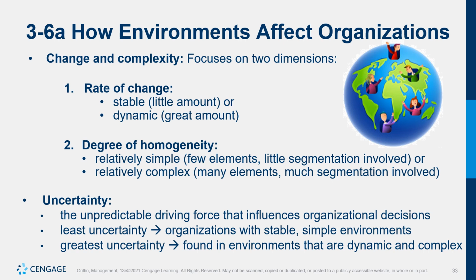Second, the degree of homogeneity of the environment. It is relatively simple if it involves few elements and little segmentation, or relatively complex, which involves many elements and much segmentation. These two dimensions combine to determine the level of uncertainty an organization faces.